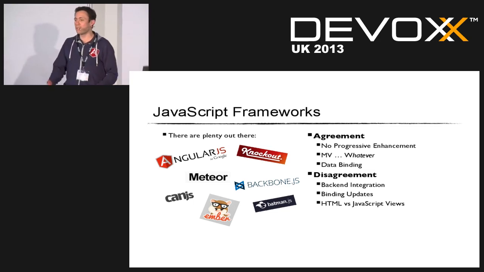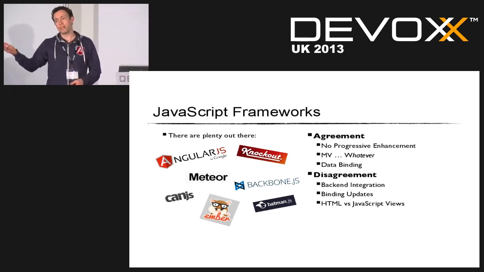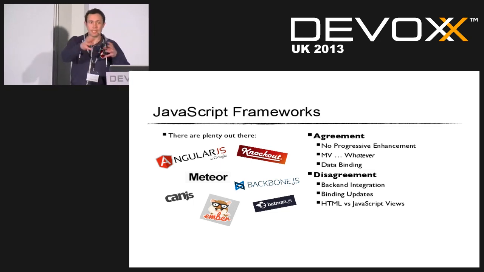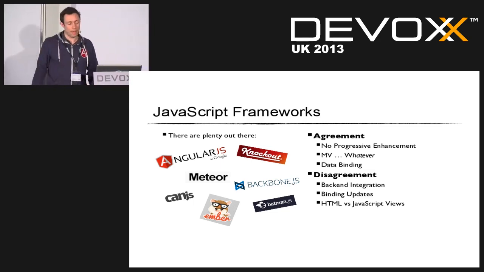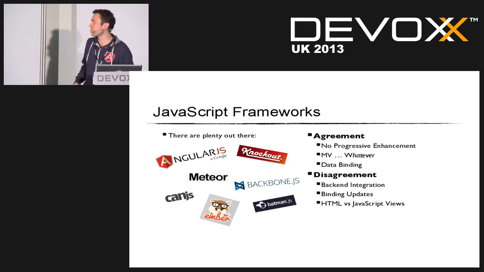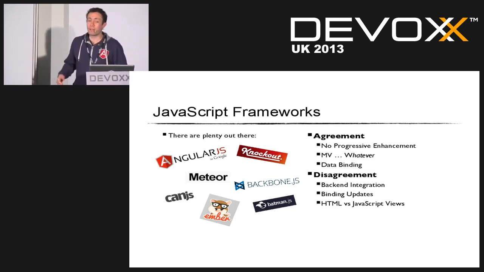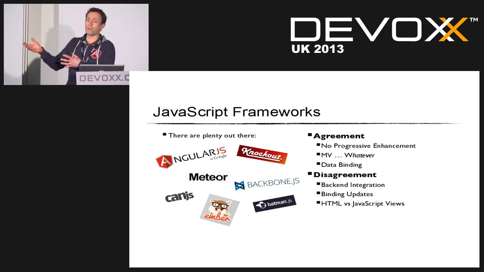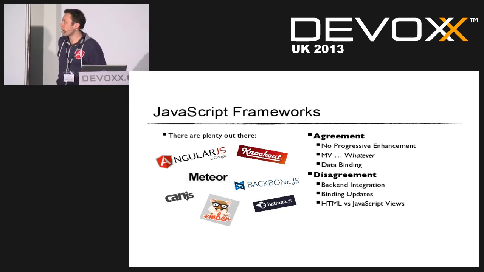The model is your data, the view is basically HTML, or what will end up being HTML, and the whatever kind of joins it together. And there's some disagreement about that, but in practice it doesn't really matter. They also agree that the browser needs to have some way of binding your data to the view, and they do it in different ways.